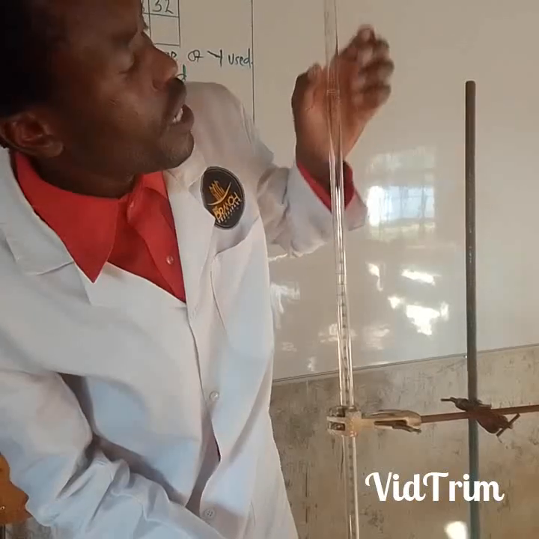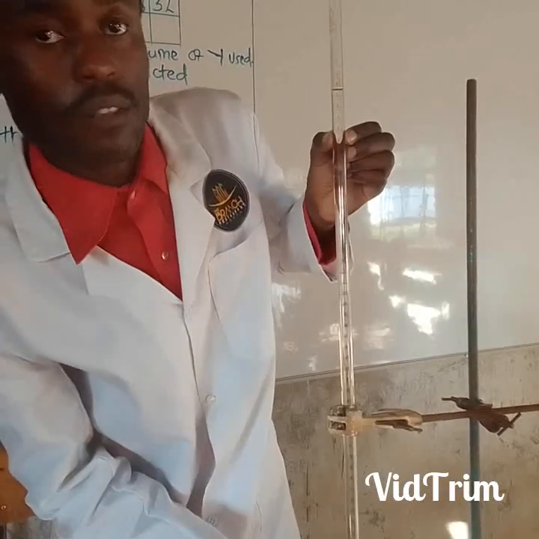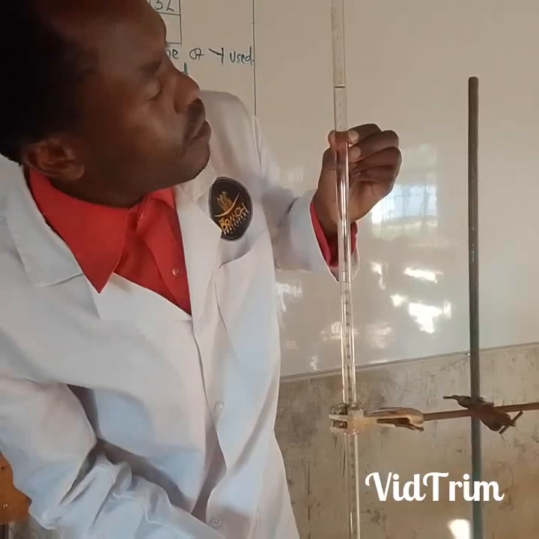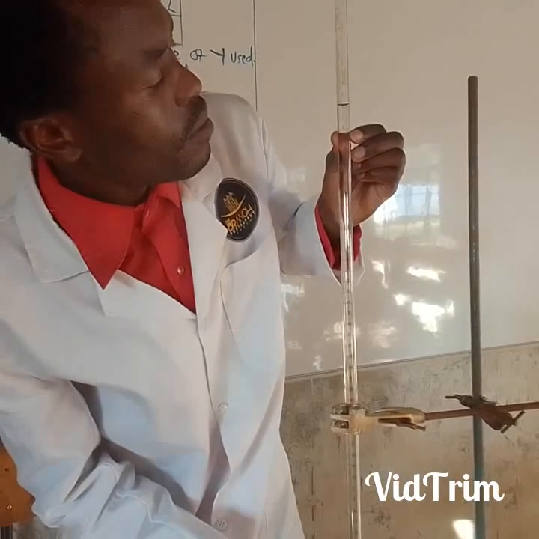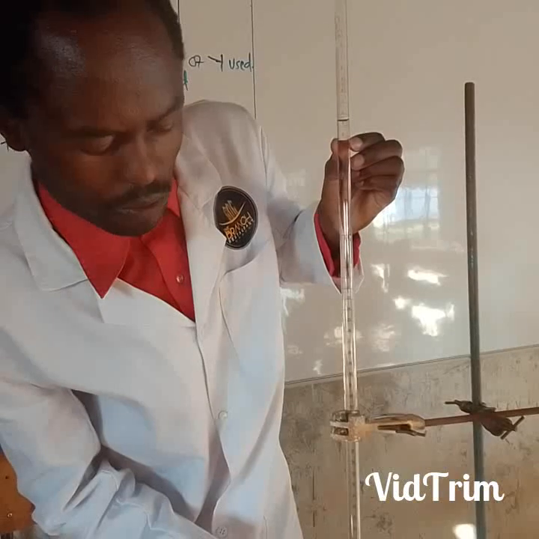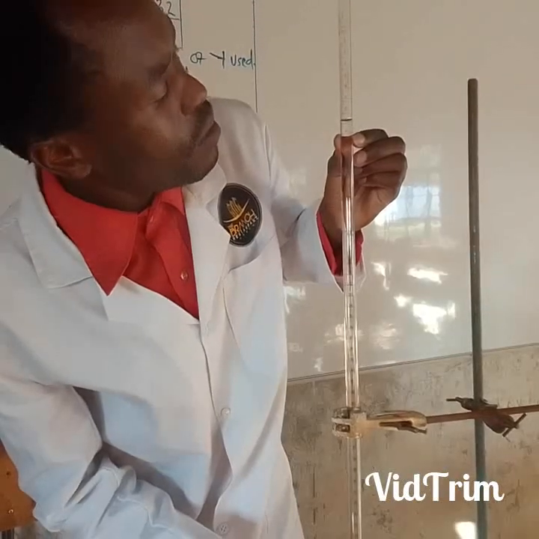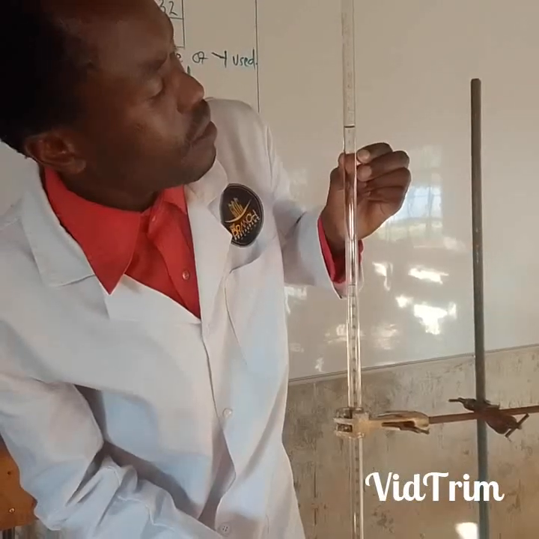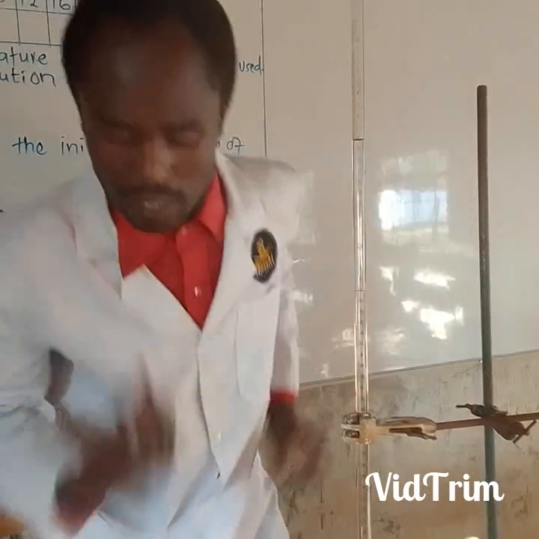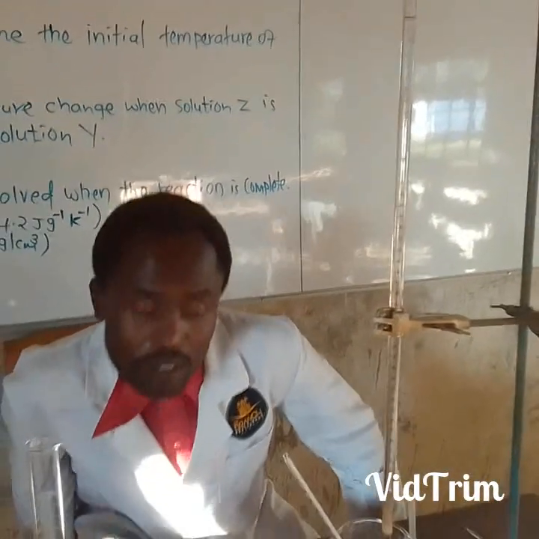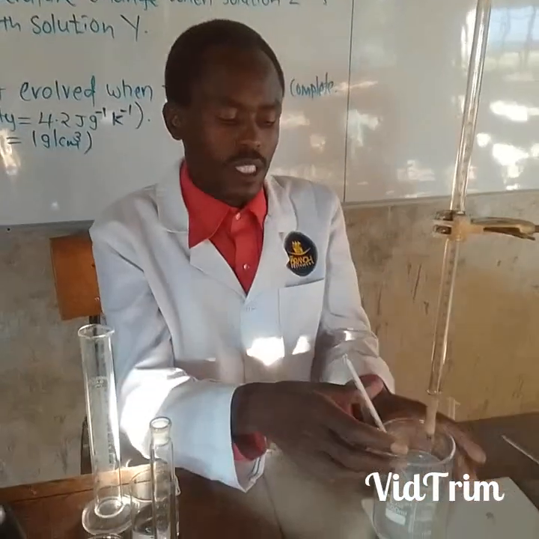Now from 4 I move to 8. To add 4 means I move to 8. That is exactly 8. It means I've added 4 mL of Y to the mixture.